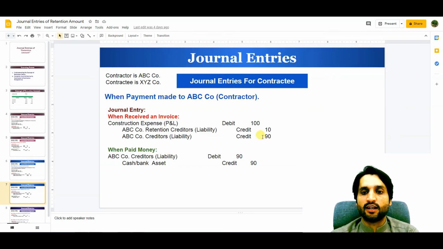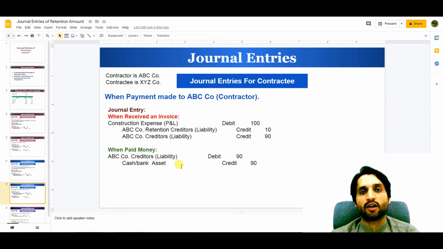As we made it a credit earlier, now when we make a debit, the effect will be 0. After that, the cash and bank: if we are paying cash, then cash will be credited. If we are paying by check or bank transaction, then the bank will be credited with $90. So these are the journal entries usually passed by the contractor and contractee in the books of accounts.